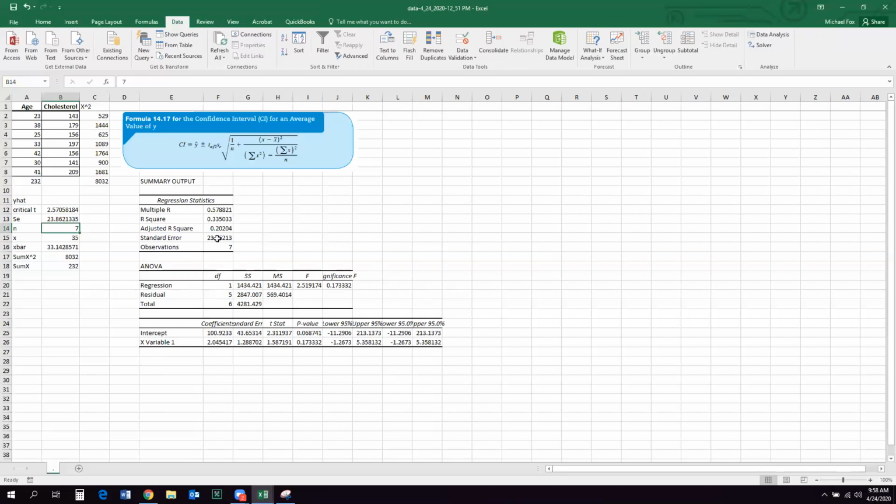All right. Anyway, and then y hat is just us solving that straight line equation, y equals mx plus b, for this given value of x. So remember, the equation information is given to us right here.